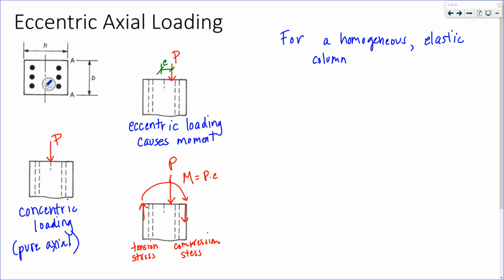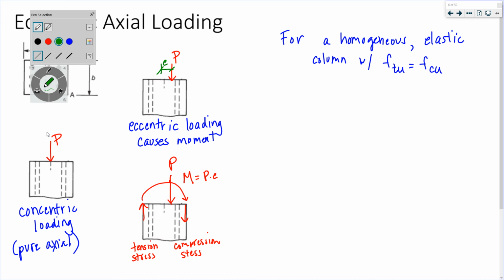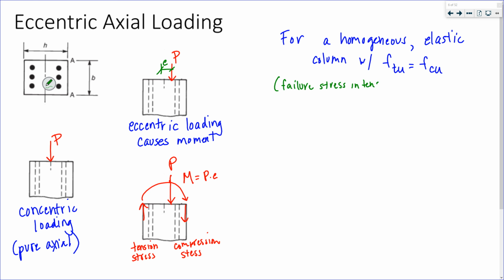So for a homogeneous elastic column where my failure in tension is equal to my failure in compression, that is, failure stress in tension FTU equals my failure stress in compression.